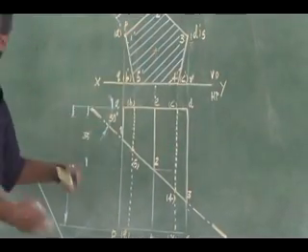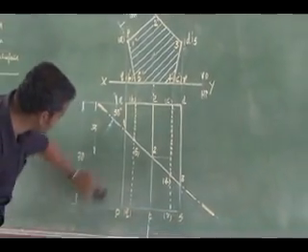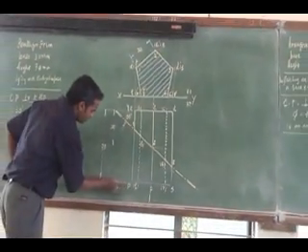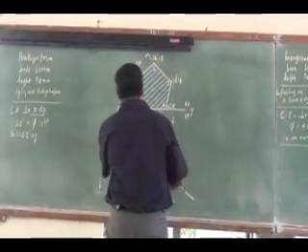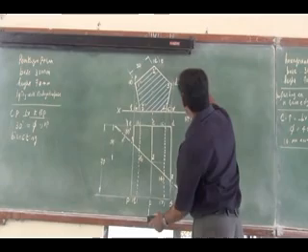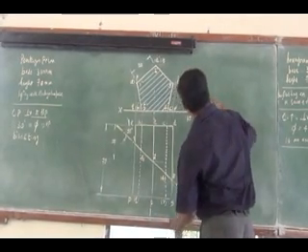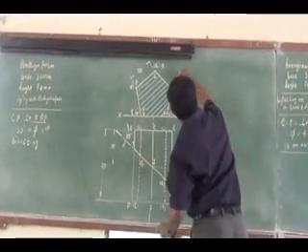Wherever you find space on your drawing sheet, you draw the reference line. Now I have a space here above, so parallel to this cutting plane, I am drawing a new reference line.